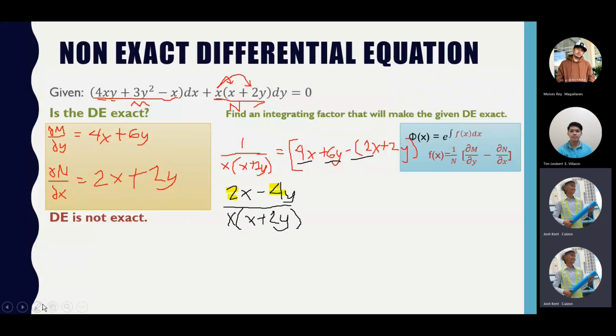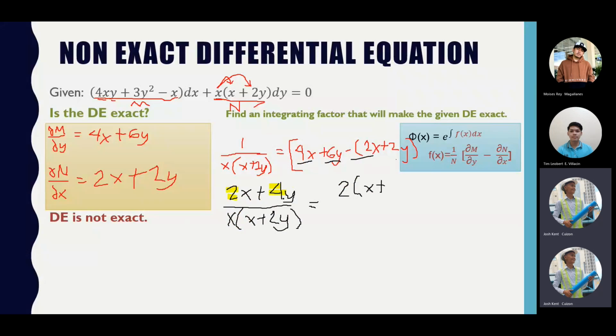And take note that in the numerator, we can simplify 2 and 4. So, we take the greatest common factor. So this is just equal to 2 times, what is left, x, wait, x plus, right? Because 6y minus 2y is 4y. So, x, sorry for that.